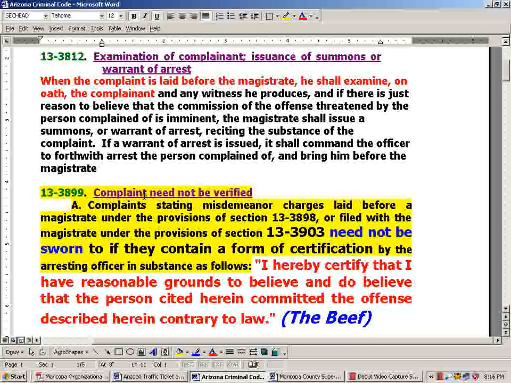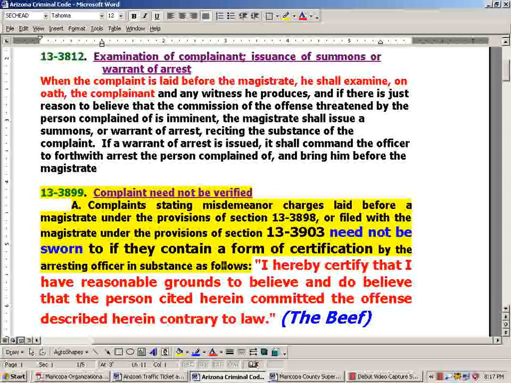Okay, but then it says the complaint need not be verified. Now, this is where the important part is. Pay attention. You're going to love this. Complaints stating misdemeanor charges laid before a magistrate under the provisions of, or filed with the magistrate under the provisions of some other section, need not be sworn to if they contain a form of certification by the arresting officer in substance as follows.